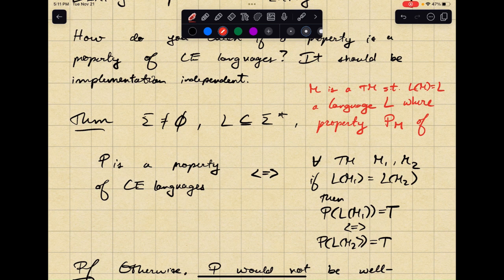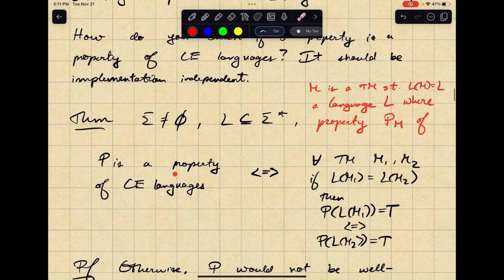This property, which accepts a language but which is additionally parameterized with a Turing machine, is a property of CE languages if and only if, for any pair of Turing machines that accept the same language, if we give that same language to P, but we use M1 or M2 to represent that same language, the evaluation of that property will be the same.